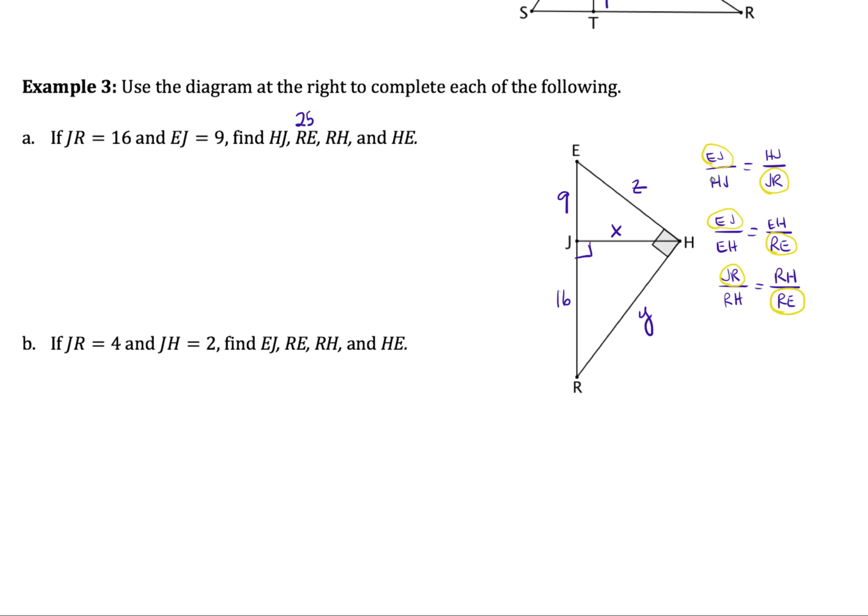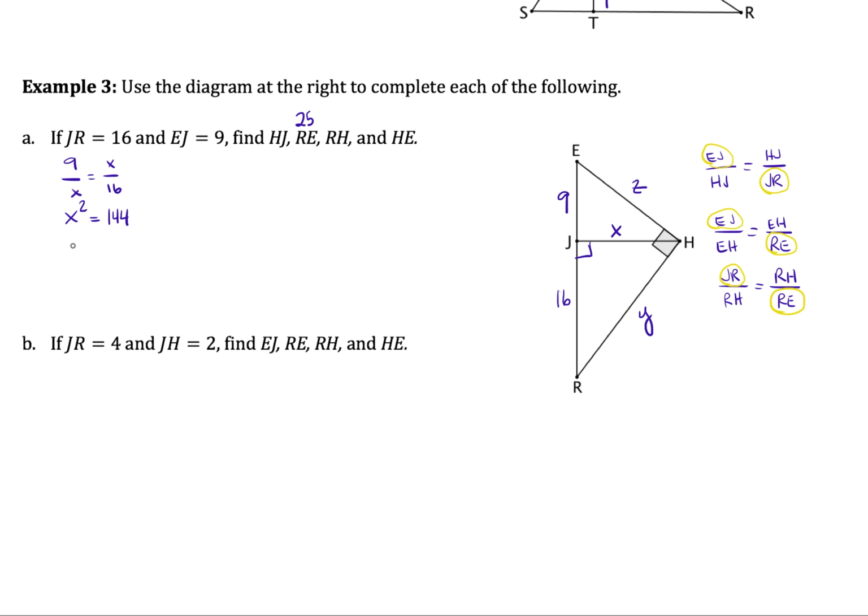Let's start with finding the HJ here, filling in the numbers that we know in these 2 spots. We know that EJ is 9, and we're going to find HJ, which we labeled as X in our diagram. So that's going to go there in those 2 spots, and JR is 16. So we're going to cross multiply, and that gives us X squared equals 9 times 16, which is 144.